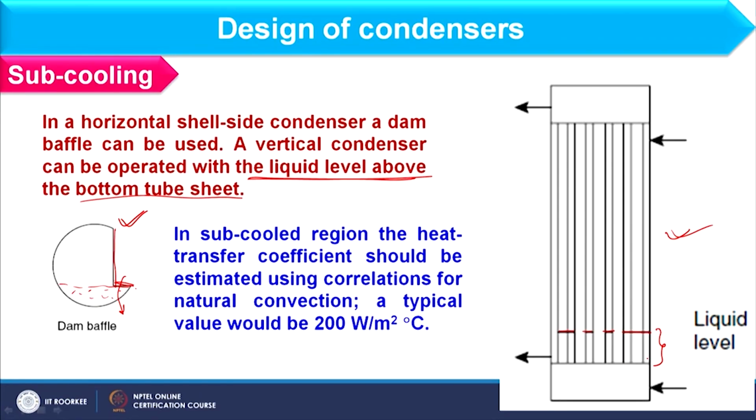Okay. So, here if subcooling is not much, you can simply add the load of subcooling to the condensation side. In the subcooled region, the heat transfer coefficient should be estimated using a correlation for natural convection, which has a typical value of about 200 watt per meter square degree Celsius. So, in this way we can consider de-superheating as well as subcooling in the condenser.